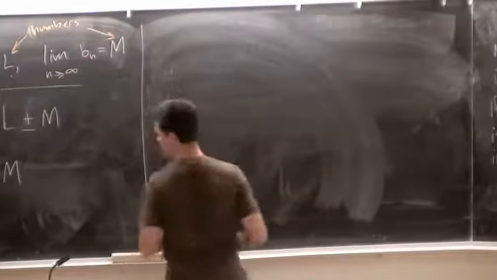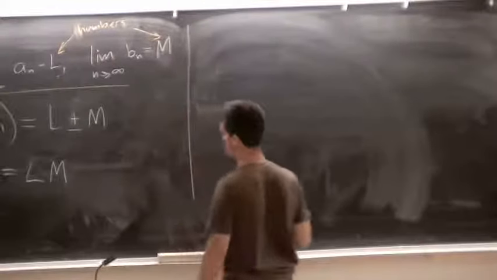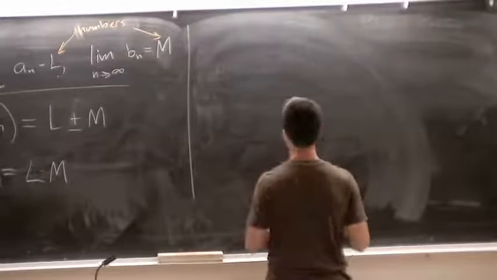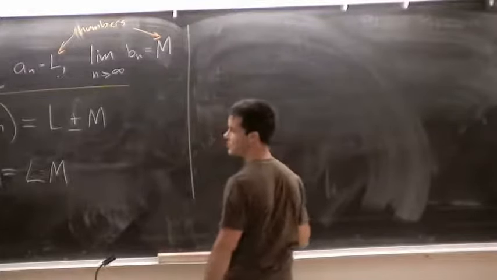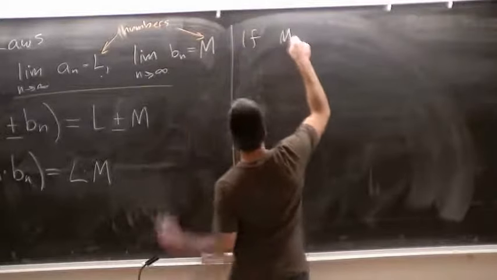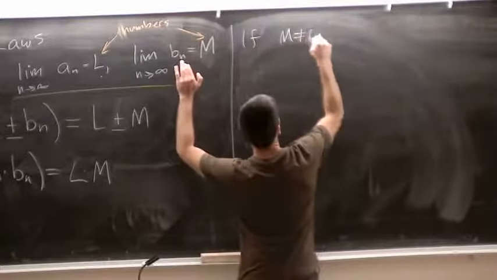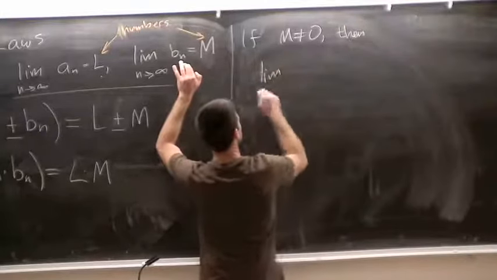Anyway, there are lots of little counterexamples you could come up with for when the limits don't exist. But in the interest of time, I better just finish giving you the other limit laws. If the limit of the b_n's is not 0, then you're also allowed to divide.